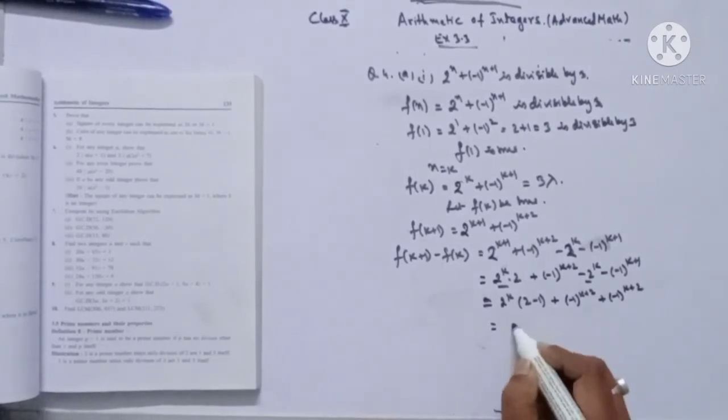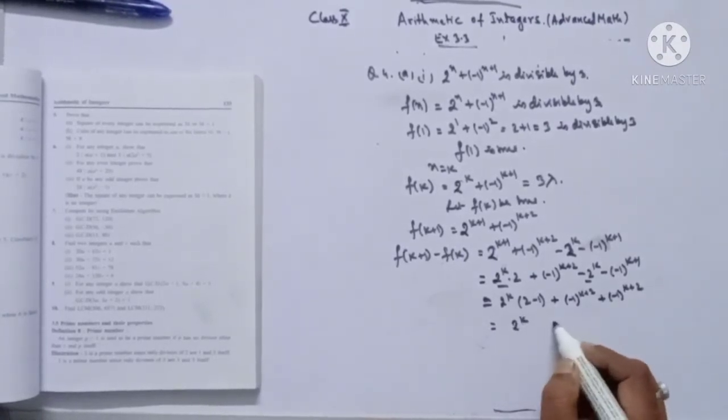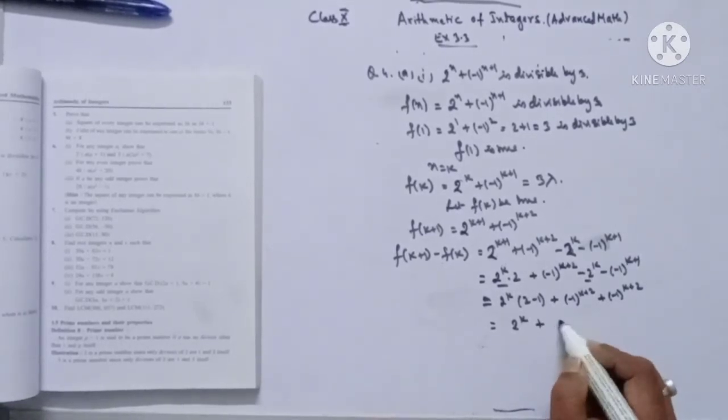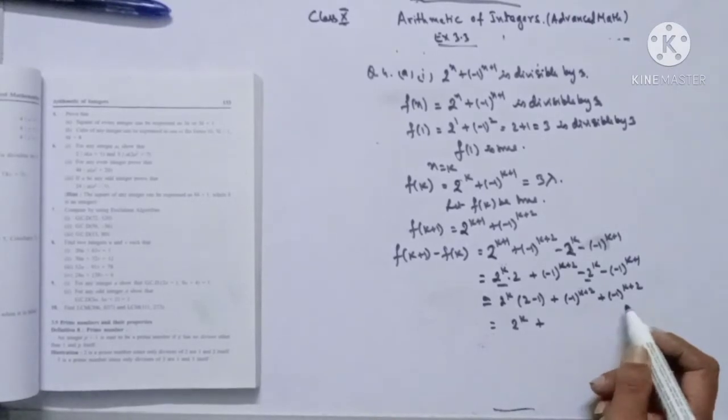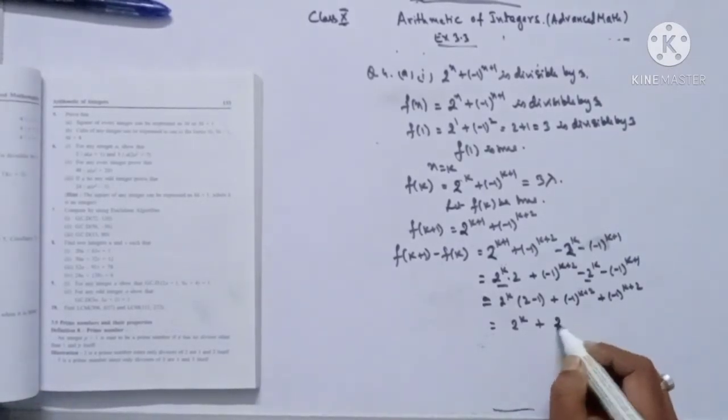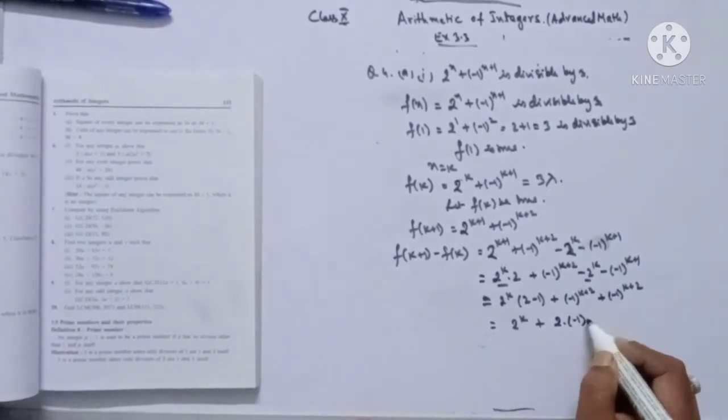So this will be equal to 2 to the power of k, and this will be 1 plus 1, 2 into minus 1 to the power of k plus 2.